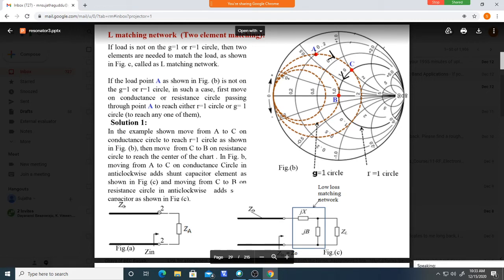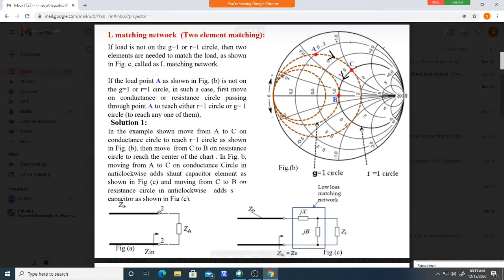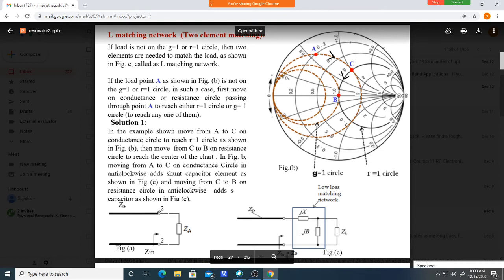From here, over the conductance circle or resistance circle you move. Since we are moving on a conductance circle, you should reach the R equal to 1 circle. See, this is R equal to 1. So I stop here, A to C.